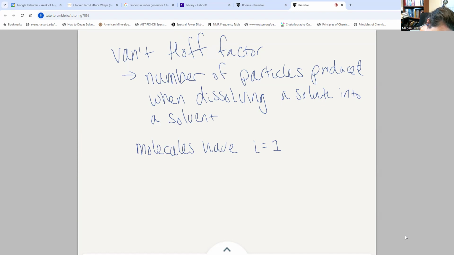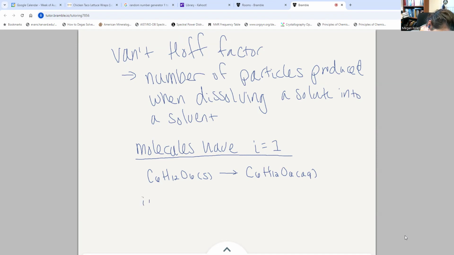For instance, sugar, well, I'm going to do glucose, C6H12O6. When you put that into water, it just becomes C6H12O6 aqueous. So it doesn't break down into more particles. It's the same number of particles as you dissolved. So molecules will always have an i value of 1.